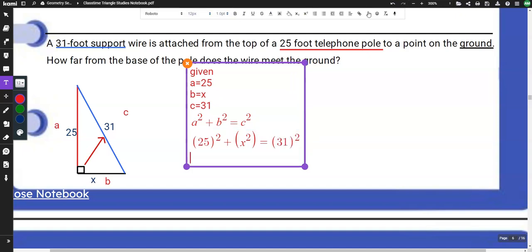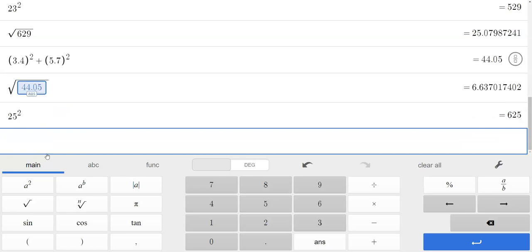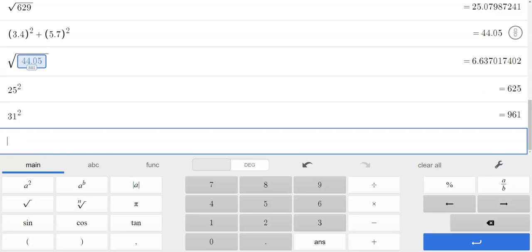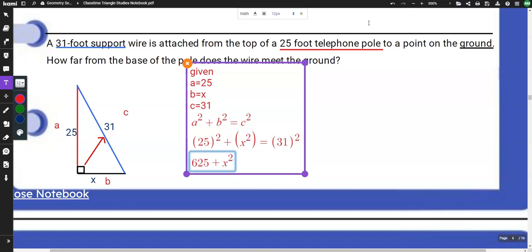Now, I am not 100% certain I remember what 25 squared is, and I don't know off the top of my head what 31 squared is. So 25 squared is 625, and 31 squared is 961. Right? So that means 625 plus x squared is equal to 961.